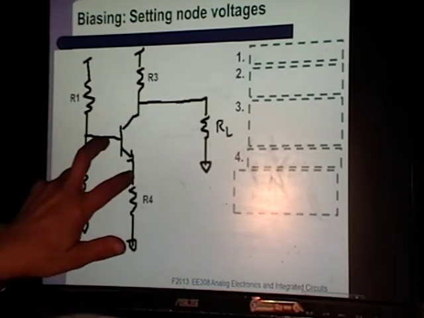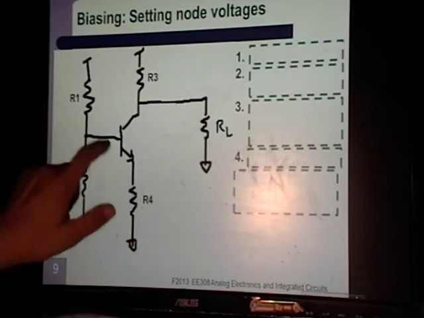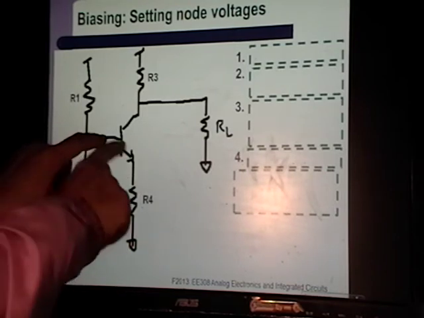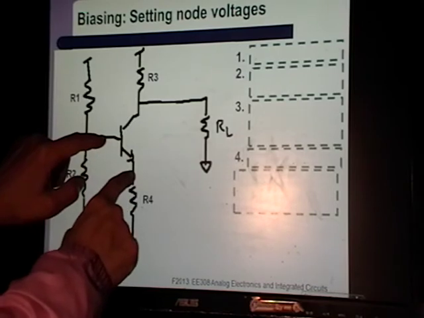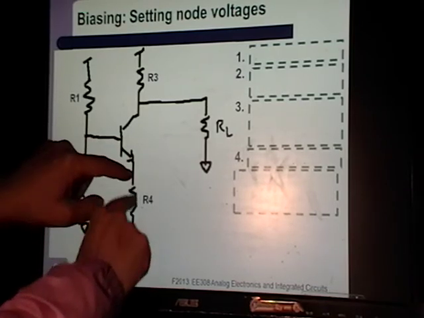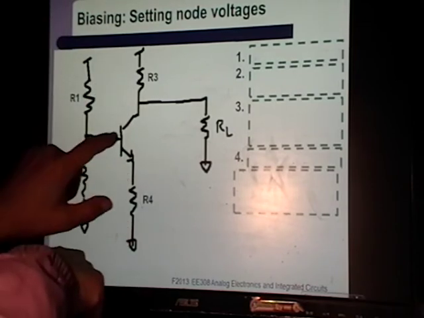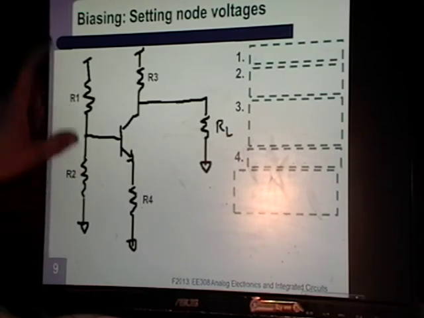So what you can say is that if I know either one of these voltages, then let's say I know this voltage, then I know this voltage is VBE on below the base, and now I know the voltage across this resistor. If I know the current, now I can calculate R4. And if I know what this voltage is, now I can calculate R1 and R2.